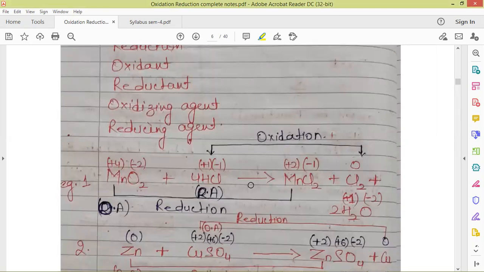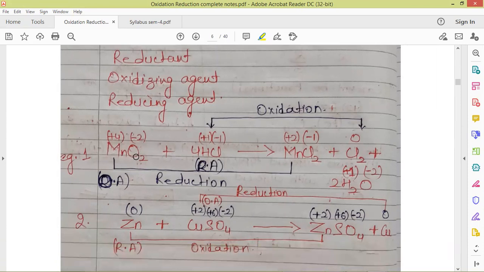Here again we are taking one example. MnO2 is reacting with 4HCl and getting converted to MnCl2, Cl2 and water. Here I have written the oxidation numbers on the top of each element. We can see that manganese is getting converted from +4 to +2. That means oxidation number is getting decreased, so this is reduction.